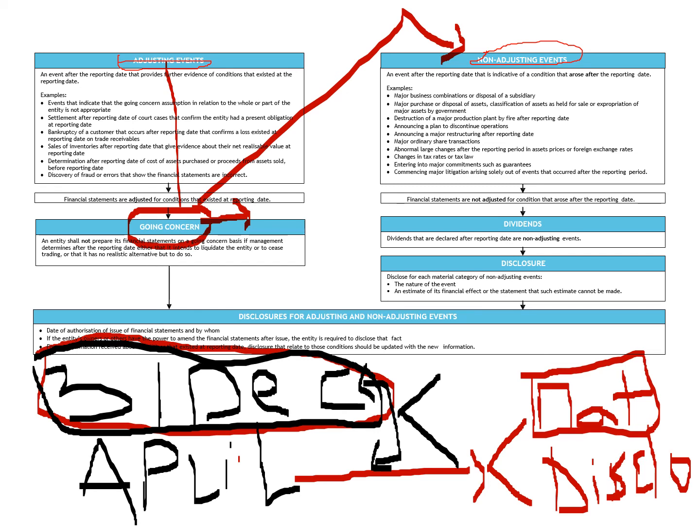The second concept is dividends. So here we need to understand how IFRS treats distribution of dividends. So the policy is as follows. Dividends are always recorded when they are declared. So you never book a liability for your dividends unless it is declared.